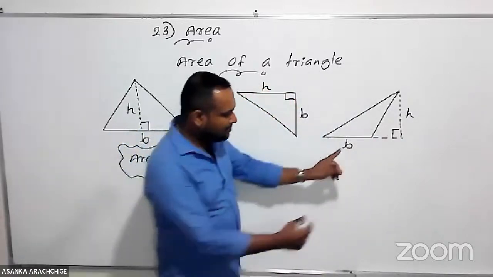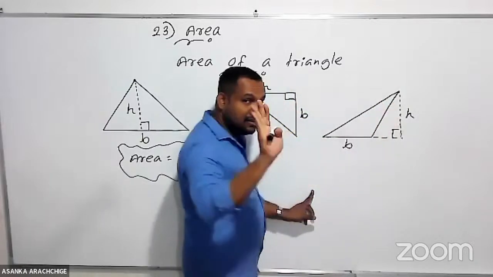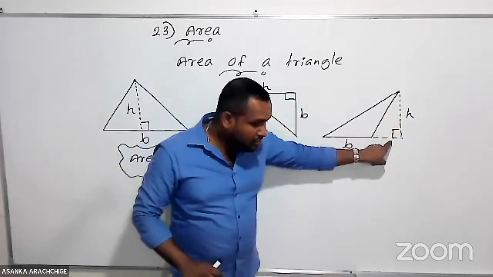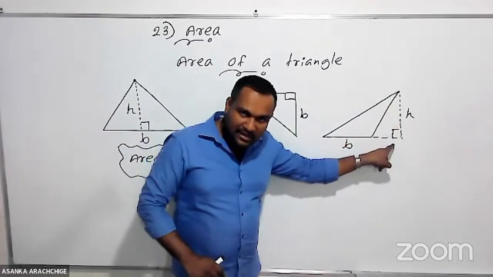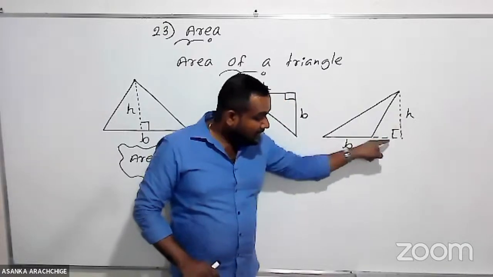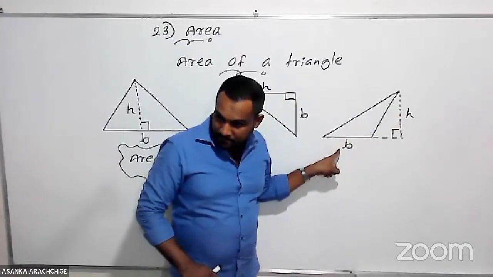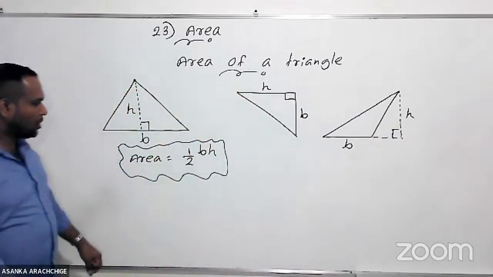But this produced part does not belong to this triangle. Therefore, never add the length of this part to b. Understood? That is the method. Copy it down.